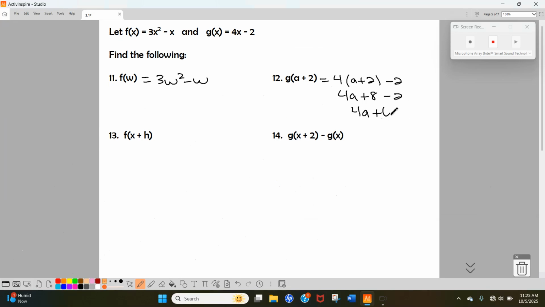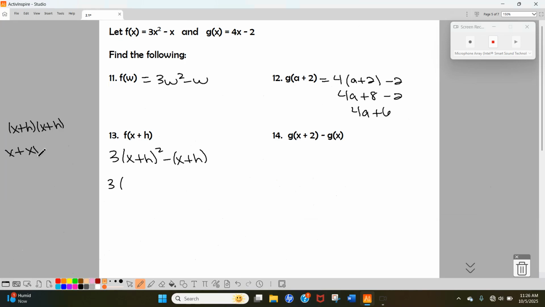All right, now they want us to take the f function and replace the x's, both of them, with x plus h. So if I do x plus h squared, that means I'm doing it times itself.